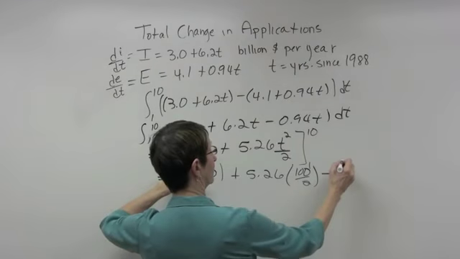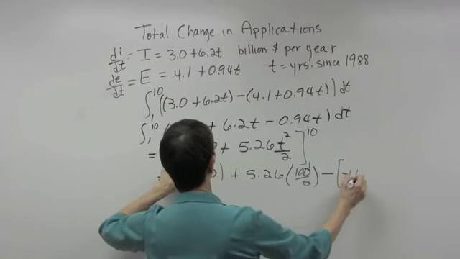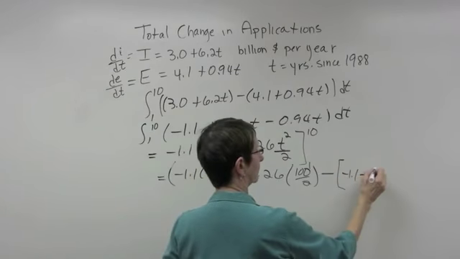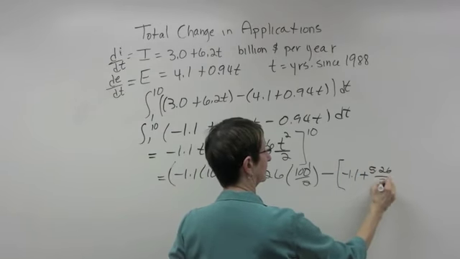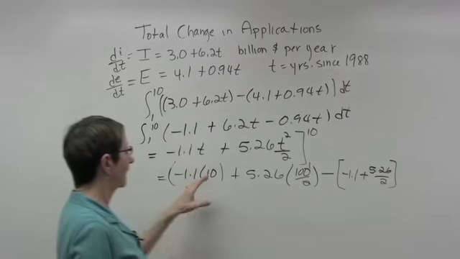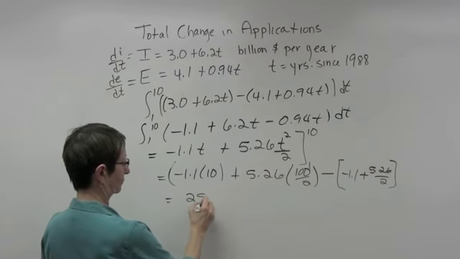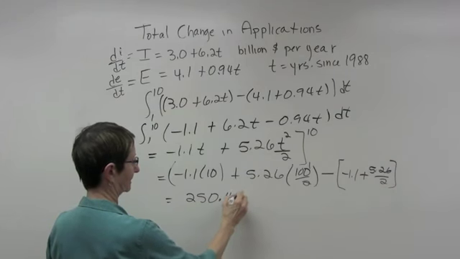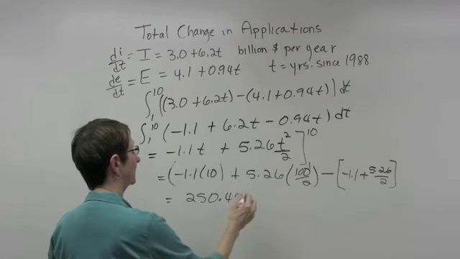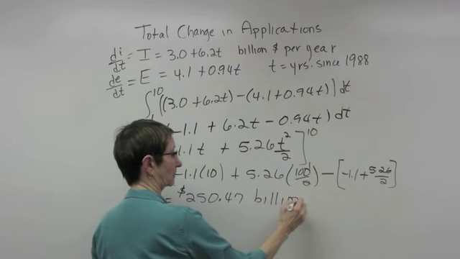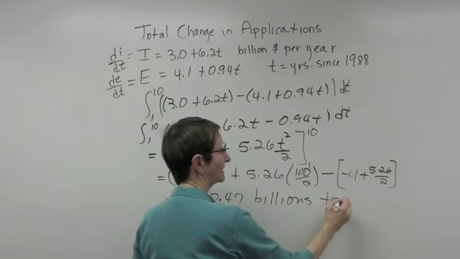So that would give me negative 1.1 plus 5.26 over 2. And when you put all that together, you should end up with about 250.47. Now this would be $1 billion of a trade deficit.